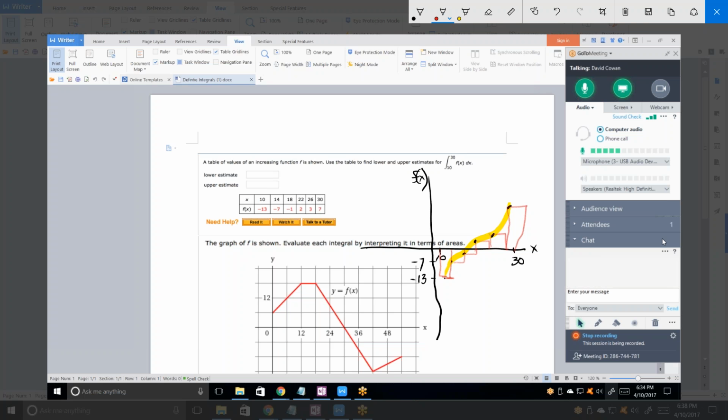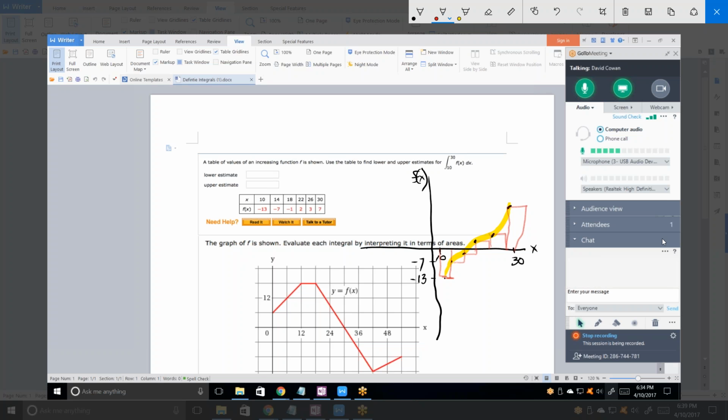But on second glance, they really do not overestimate it. They underestimate it. In other words, this is a negative area. So the actual negative area that we get is a negative number, and the area of the red rectangle is going to be a lower negative number.